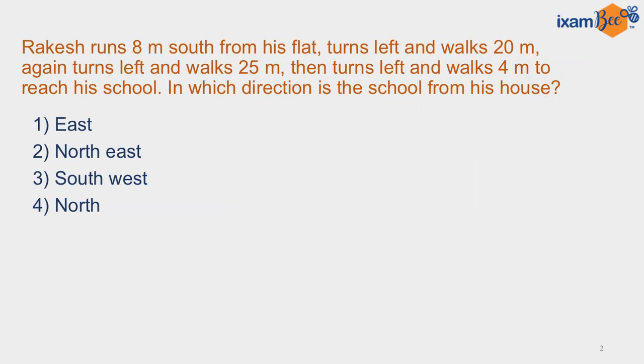In the next question, Rakesh runs 8 meter south from his flat. So if this is the flat of Rakesh, he runs 8 meter in the south direction. He turns left and walks 20 meter. Left turn means anti-clockwise direction.